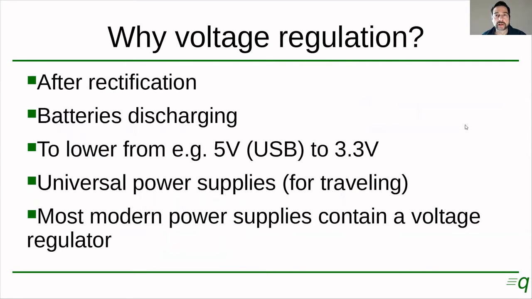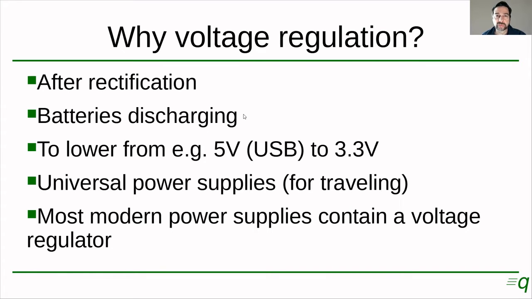So what are other applications of voltage regulation, right? We just saw one, which is after rectification to obtain an almost perfect DC. Another one would be batteries discharging. So if we have, say, 4 alkaline batteries providing a total of 6 volts, that's 6 volts when the batteries are new, but as they discharge, you will see the voltage lowering to 5 or 4.5, for instance.